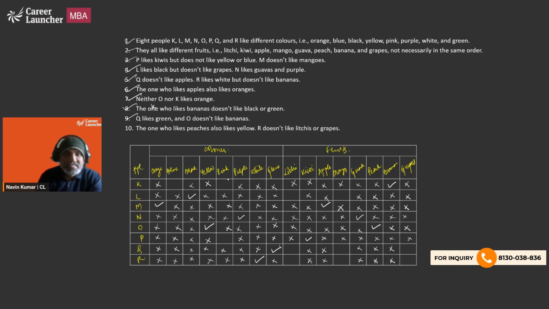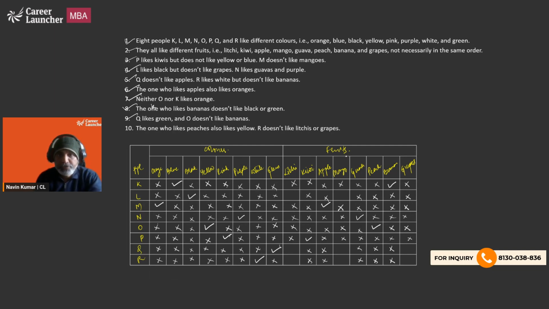Now, once this is done, and if you look at the blue color, there is only one cell left. So we should complete that. If you look at pink, there is only one cell left in that particular column. So within the column of colors, every particular column has a tick and every row also has a tick. So the colors part is done.